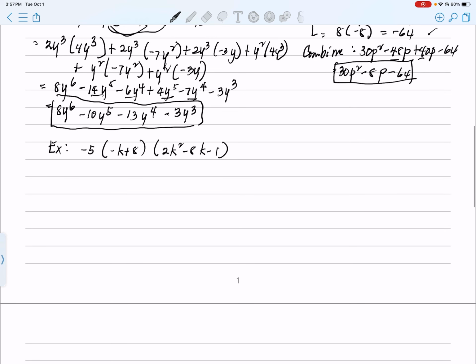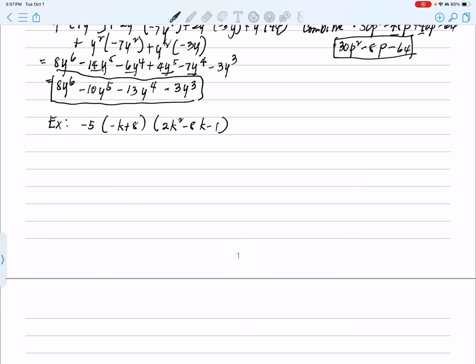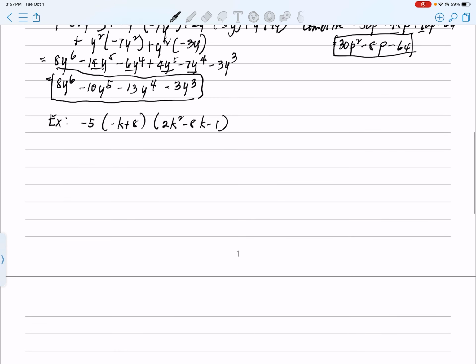It's the last one. This time we have one monomial, binomial, and trinomial. Okay. We cannot use the FOIL method here. But what we're going to do is to simplify the first two, and then we can multiply the third one. So I will multiply negative 5 times negative k.